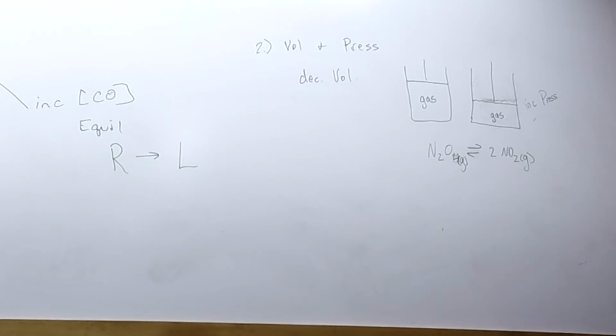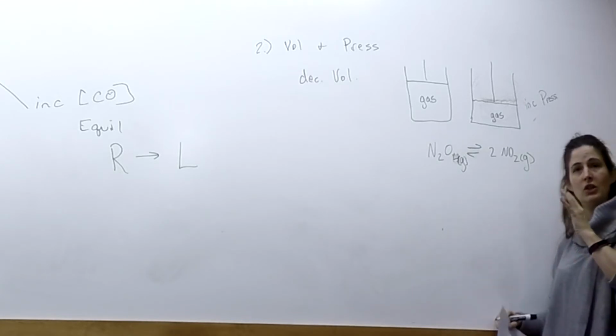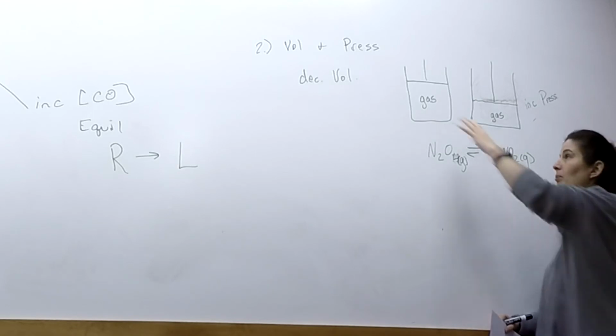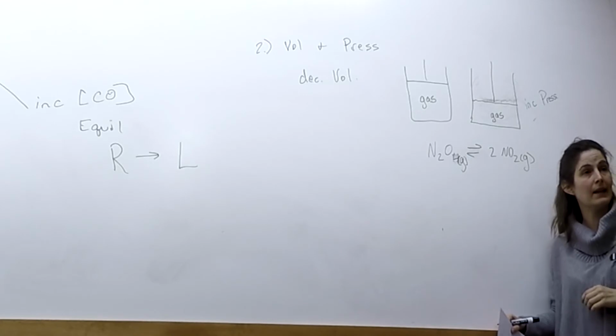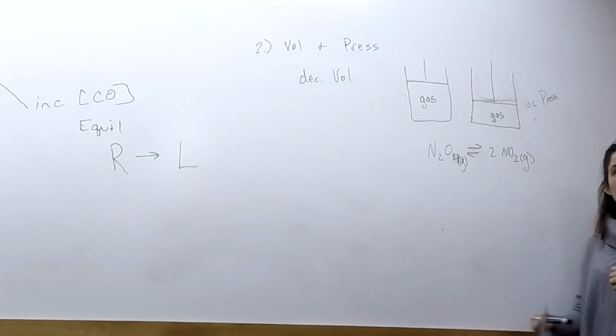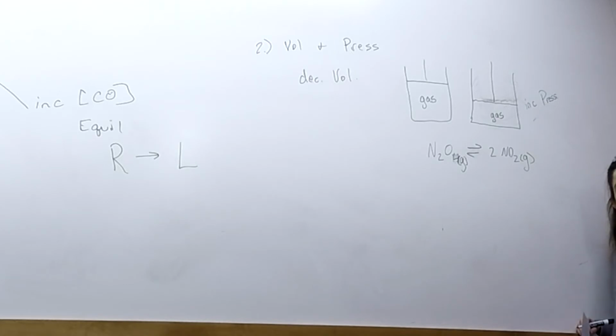What we want to do is we've changed the conditions of our reaction. We have pushed this down, we have decreased the volume of the gas, it has less space to take up. So to reach back to its original conditions, to try to alleviate this increase in pressure, what it's going to try to do is minimize the number of gas molecules that are in that space.